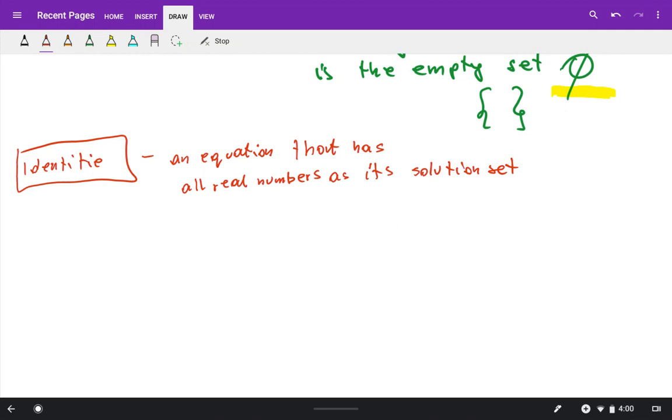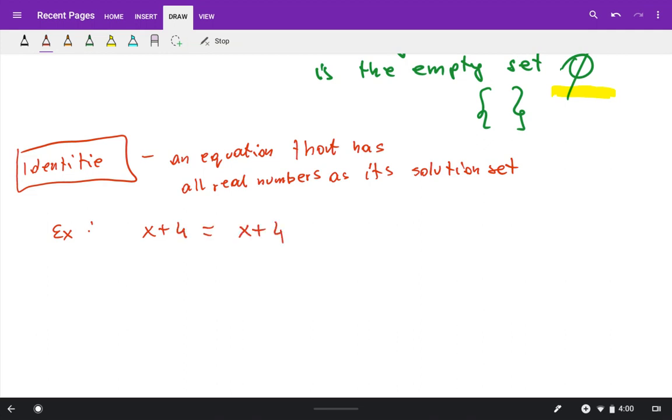You're trying to solve the equation. Your variables will cancel, and you will end up with, let's say, 5 equal 5, 3 equal 3. So you'll end up with the same numbers on both sides of the equation. Okay, so let me give you an example of an identity. x plus 4 is the same as x plus 4.